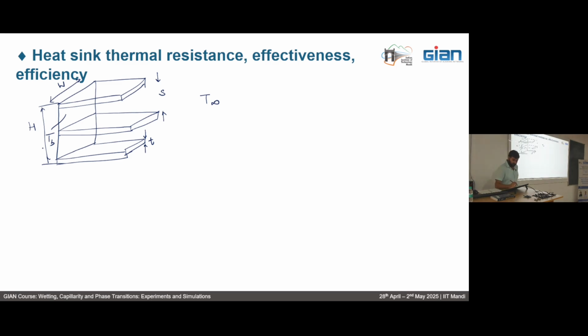So we can write 1 by R heat sink, and here for beginning we are considering both convection and radiation. So we are writing Cr here, that is equal to what is the thermal resistance of one fin, that is Rf, into the total number of fins, because we'll add this and it will be number of fins. Let's suppose it is Nf, plus what term?